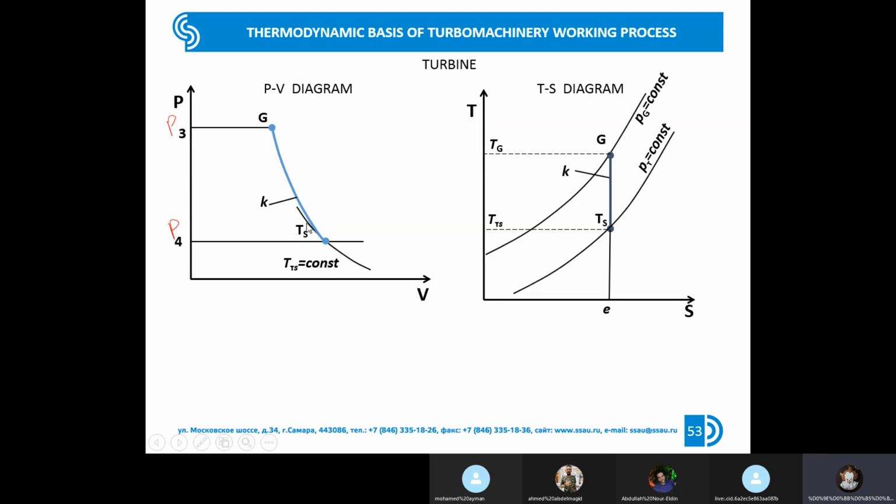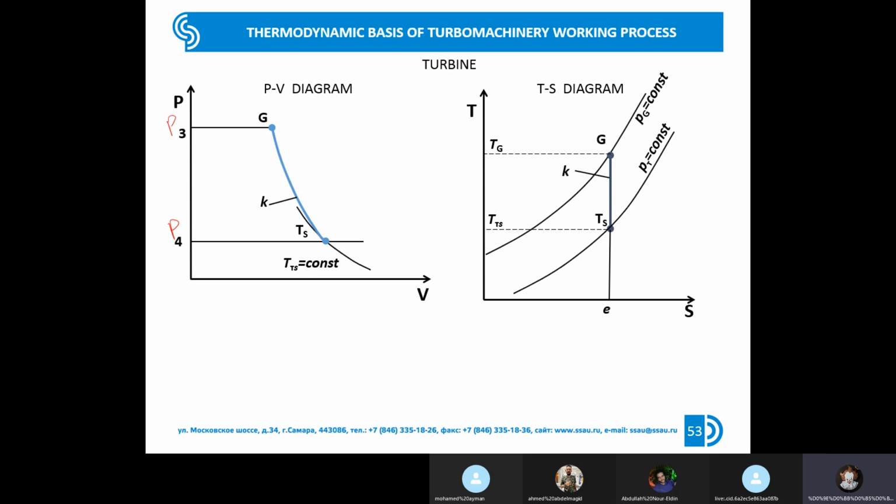And here we draw an isothermic line which corresponds to the temperature at the end of the expansion process in the ideal case. So let's try to understand how the real line will be drawn here.